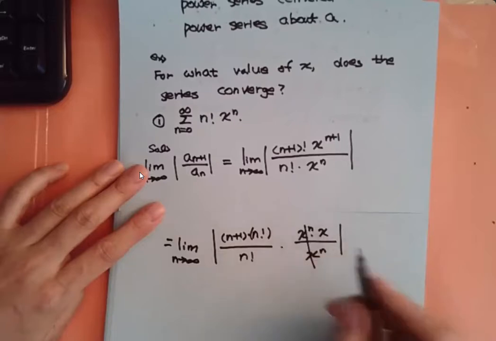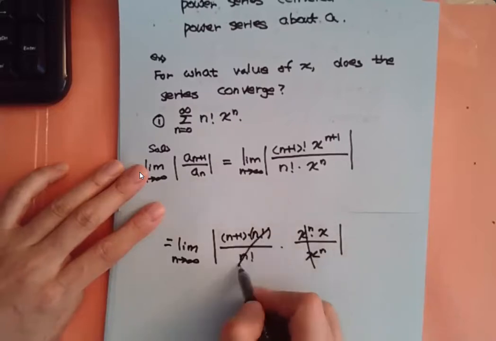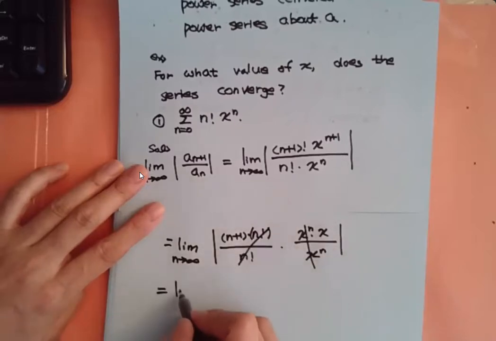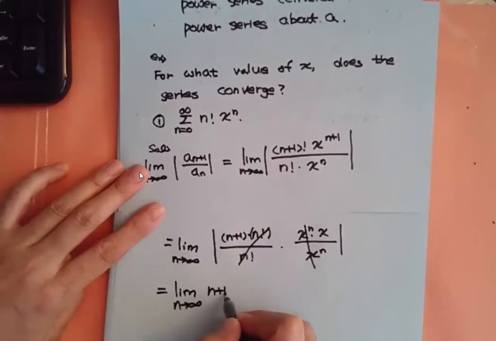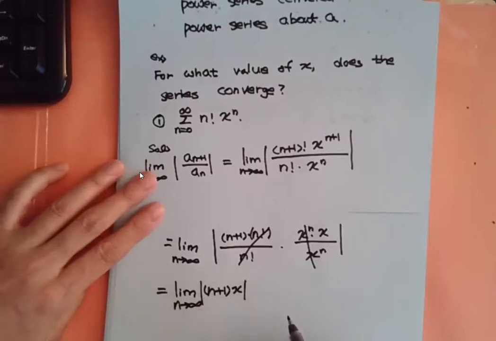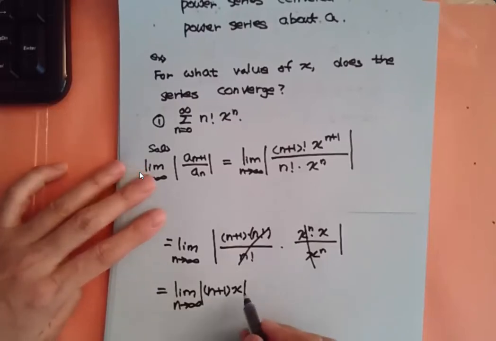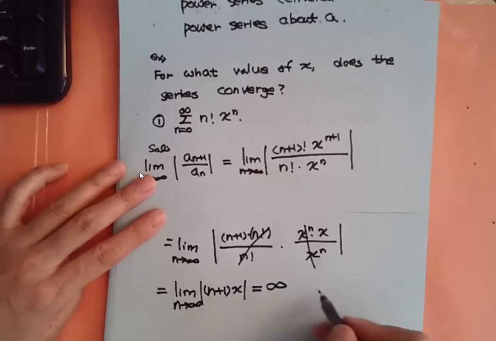So those two will cancel each other, and these two will cancel each other. So we consider limit as n goes to infinity, n plus 1 times x. And so whatever the number x will be, it is infinity if x is not equal to 0.